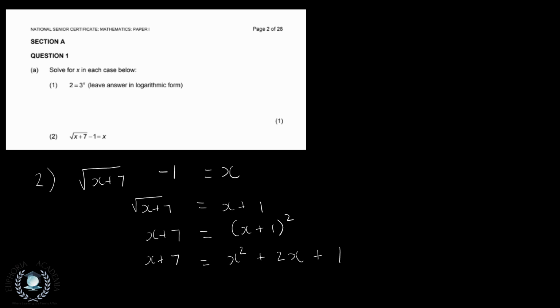Continuing, in order to factorize, I think we should write everything in standard form. So let's take everything from the left hand side to the right hand side. That leaves us with 0 here, and we still have x squared on the right hand side. There's a minus x, so we take away an x and are left with plus x, and then we minus 7. That means on the right hand side we're left with a minus 6.